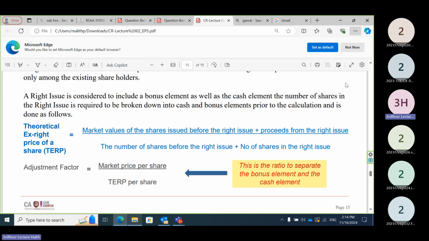So then we need to calculate the adjustment factor. Adjustment factor calculation. Third one. Bonus element calculation. Fourth one.